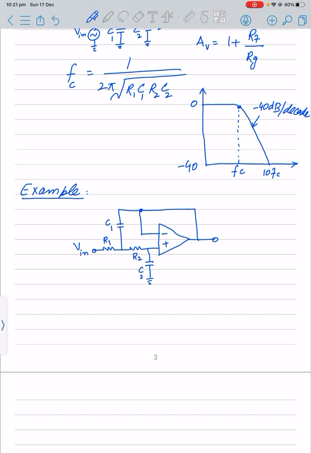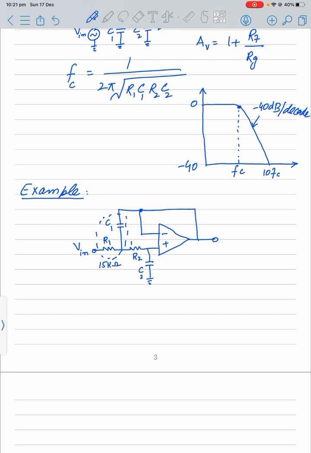So the first network is being formed by the R1 and the C1, and the second one is by the R2 and the C2, and we have the values for the R1 and R2 that are equal to 15 kilo ohms.